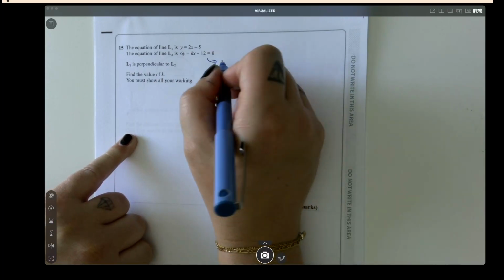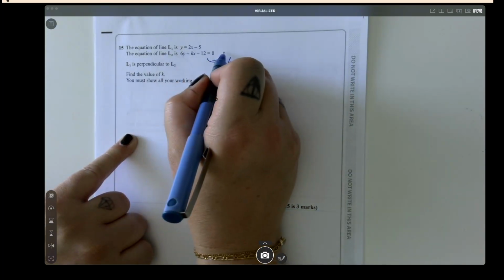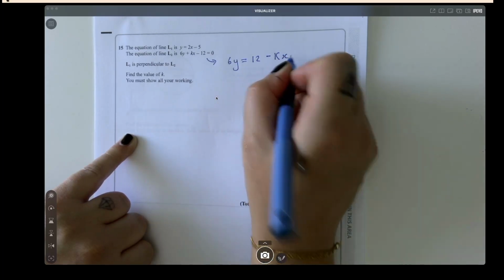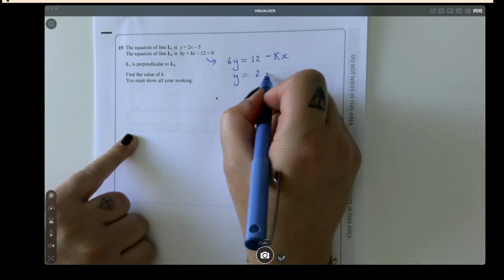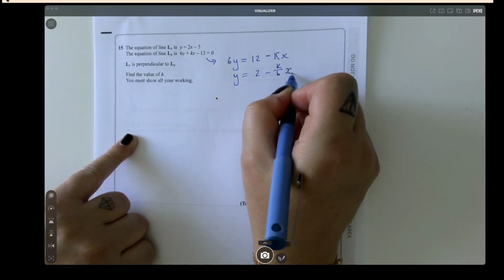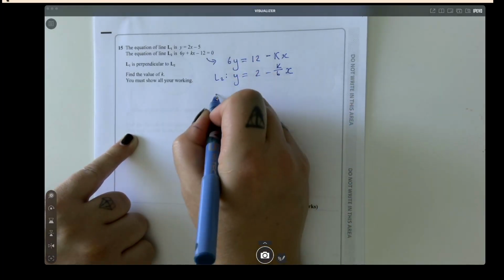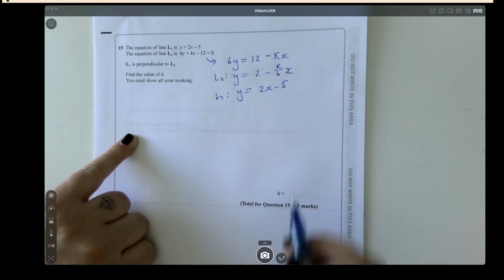So 6y equals, I'm going to subtract kx and I'm going to add 12. So 12 subtract kx, and then I'm going to divide by that 6. So y equals 2 subtract k over 6 x. So this is L2, and L1 is y equals 2x subtract 5.